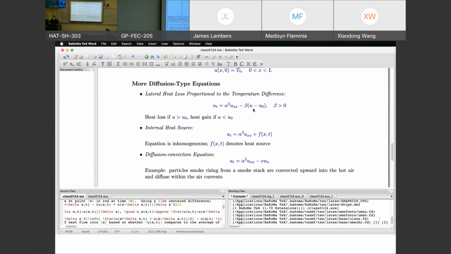So suppose u is greater than u naught, then this whole term will be negative, meaning the temperature is going to decrease. Whereas if u is less than u naught, this part is negative, the whole term is positive, so the temperature will increase based on that. Now there's still this to take into account, but that's how this term would affect the temperature.